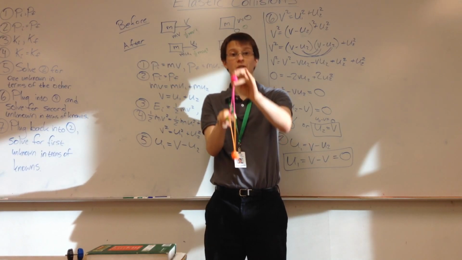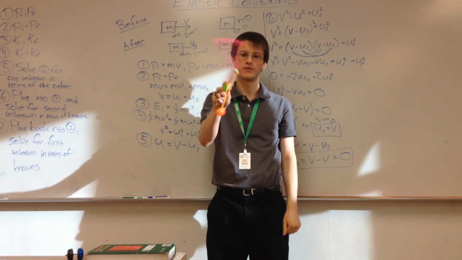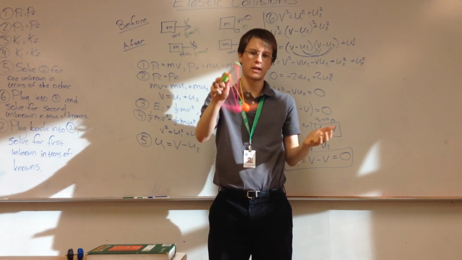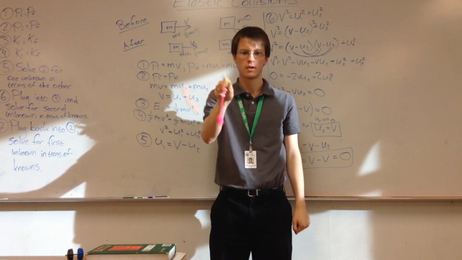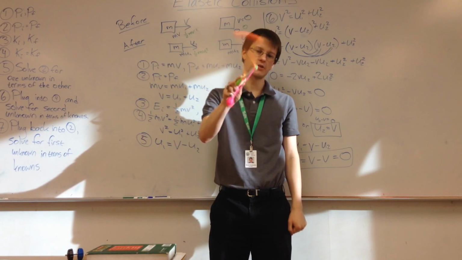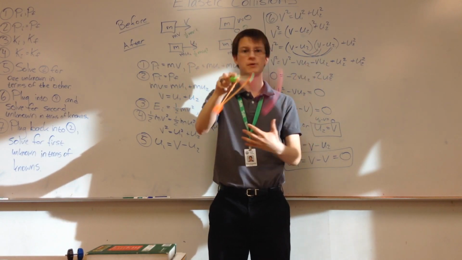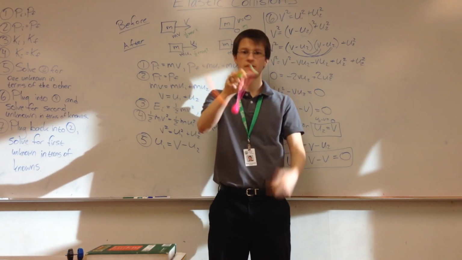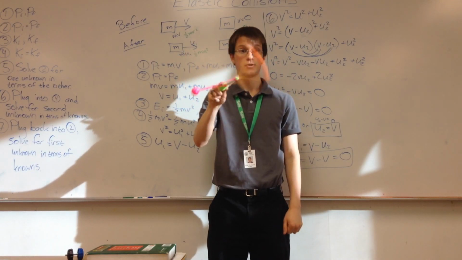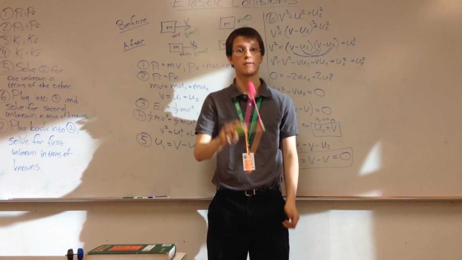So you can see this is pretty close to a perfectly elastic collision. It looks like they're changing color, but really what's happening is the object falling down is stopping, giving all its momentum to the one that's sitting there, and then that just keeps going. So that is how you solve elastic collisions.